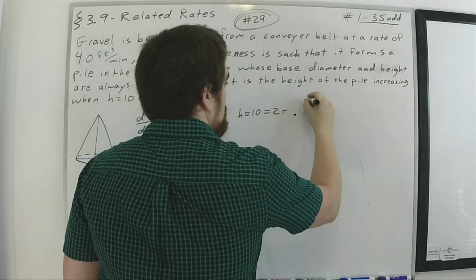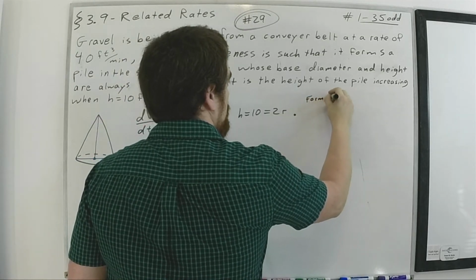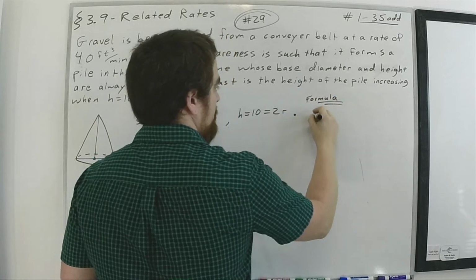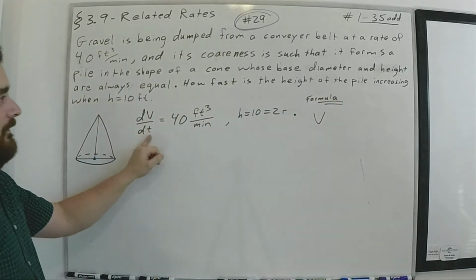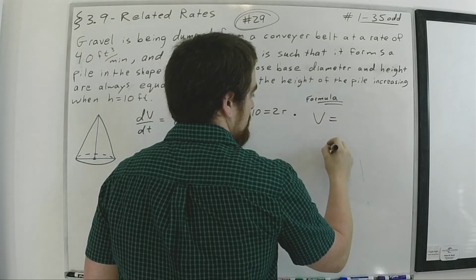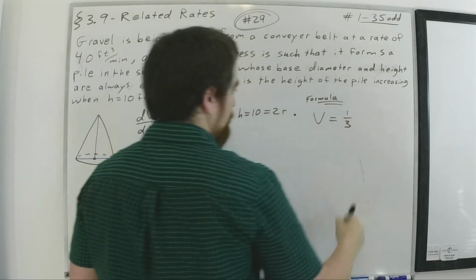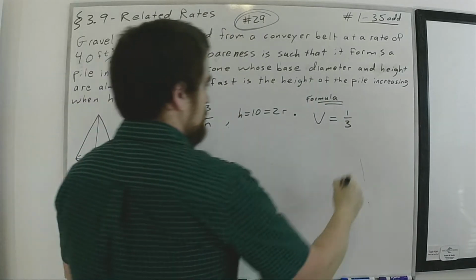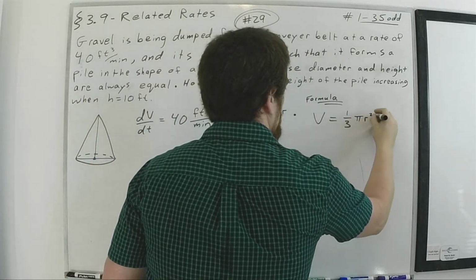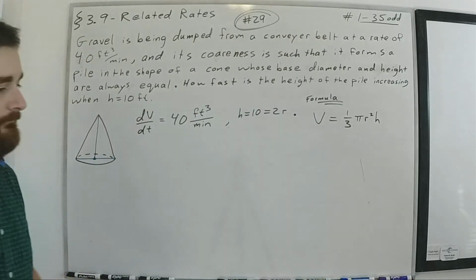What we need is some sort of formula. Since it's a cone, and we're talking about change in volume as one of the givens, we're going to use that volume to our advantage. And the volume for a cone is going to be 1/3 pi r squared times the height h.